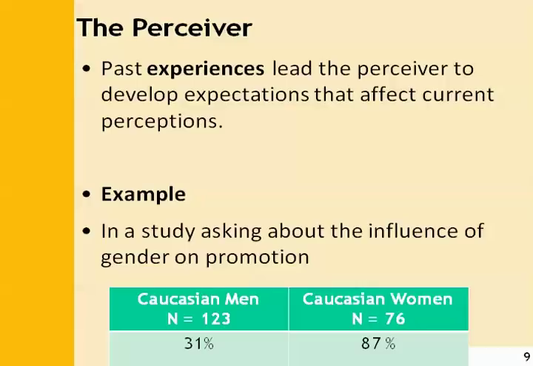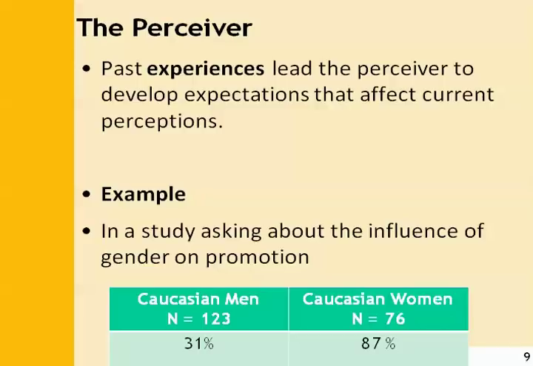So in this study, the respondents, who were composed of men and women, we will find that 31% of the male respondents, the men, saw that gender actually influences promotion, yet 87% of the women saw that gender influences promotion.